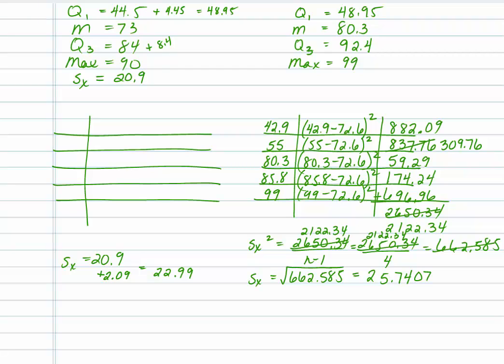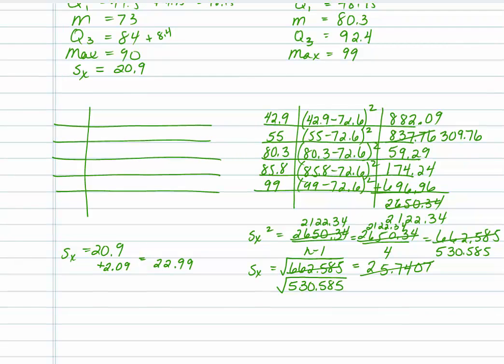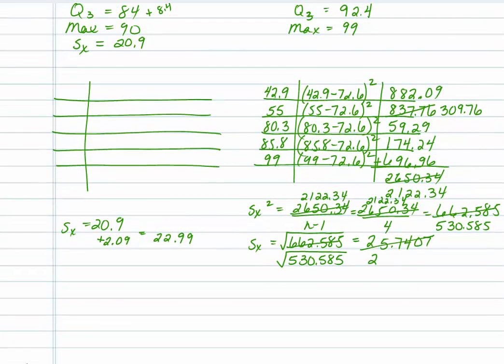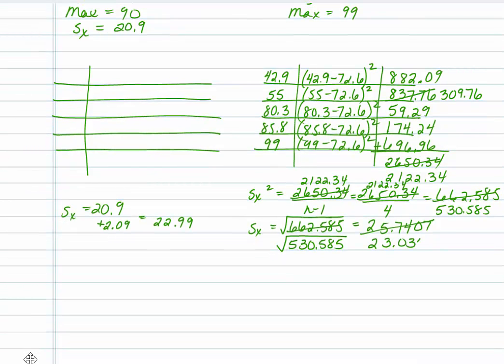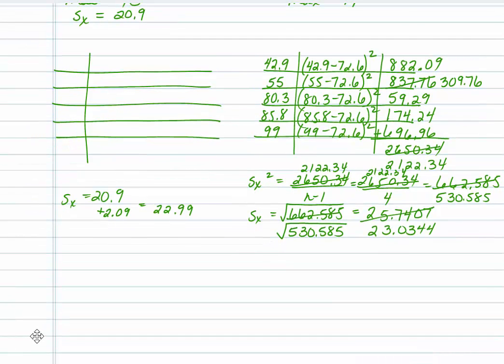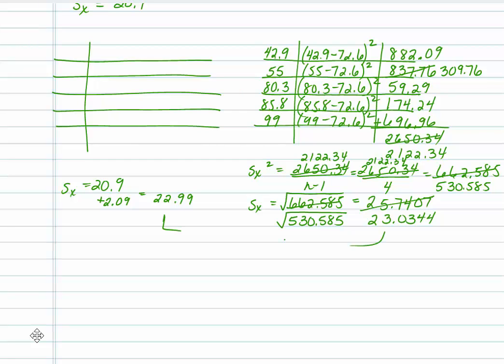And it works out to being 530.585. So the only problem with this is that using pen, I can't hide any mistakes that I get. It works out to like 23.0344, something like that. It's pretty close to this number over here, which was multiplying the standard deviation by 10%.